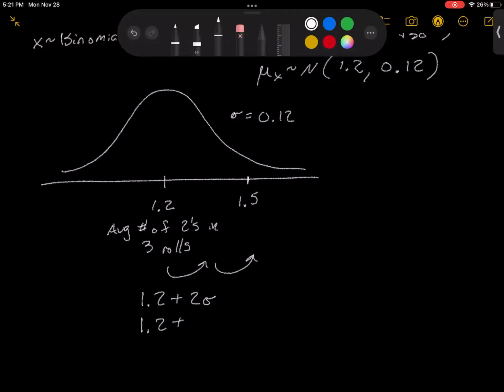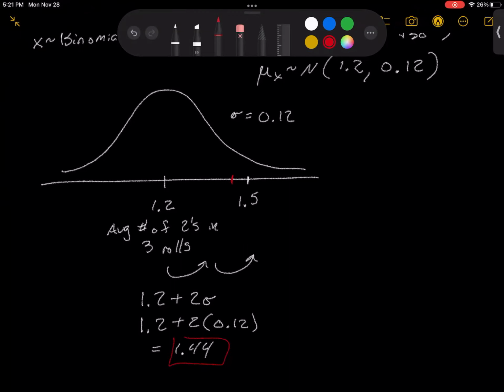So the standard deviation that I should use is the standard deviation of my averages given to me by the central limit theorem. And if I do that, I end up with 1.44 roughly. All right, so 1.44 is 2 standard deviations away from 1.2. So 1.44 is somewhere right there. So 1.5 is significant. It's more than 2 standard deviations away.